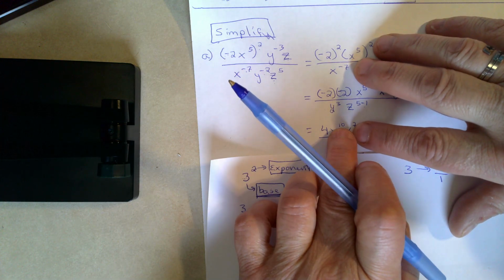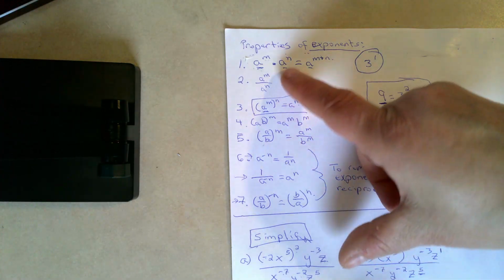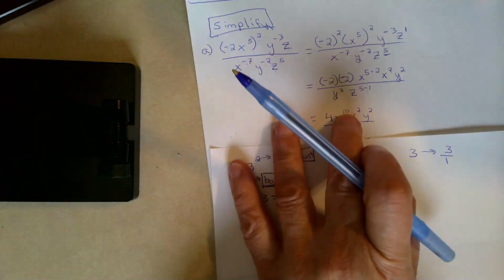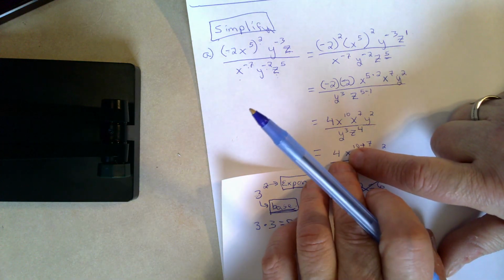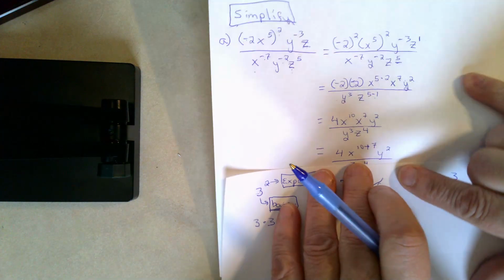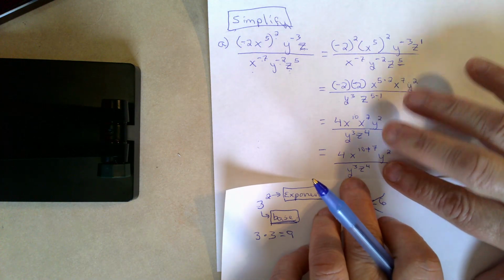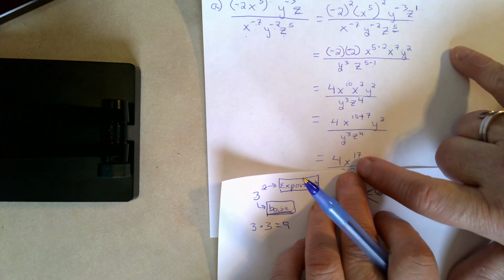So what do I do with those? I look up at my chart and see I add them. So that's what I'm going to do. I am going to take 4, x, and 10 plus 7. And then I leave, of course, everything else the same because that's the only thing I did here. And then 10 plus 7 is 17.